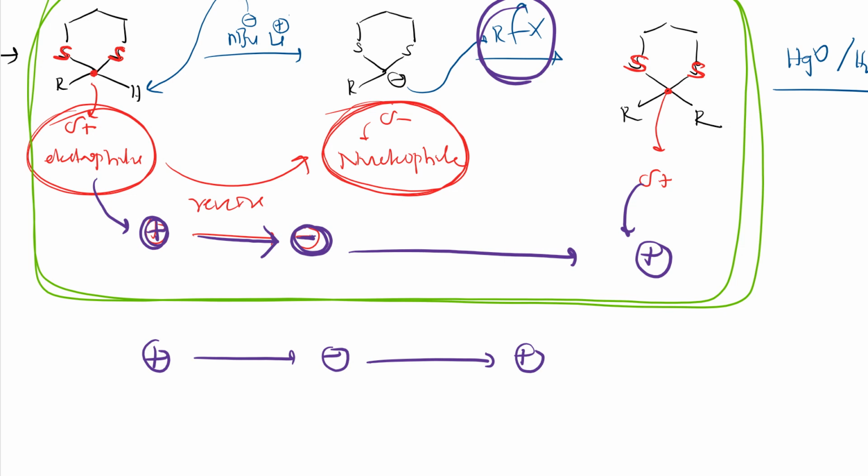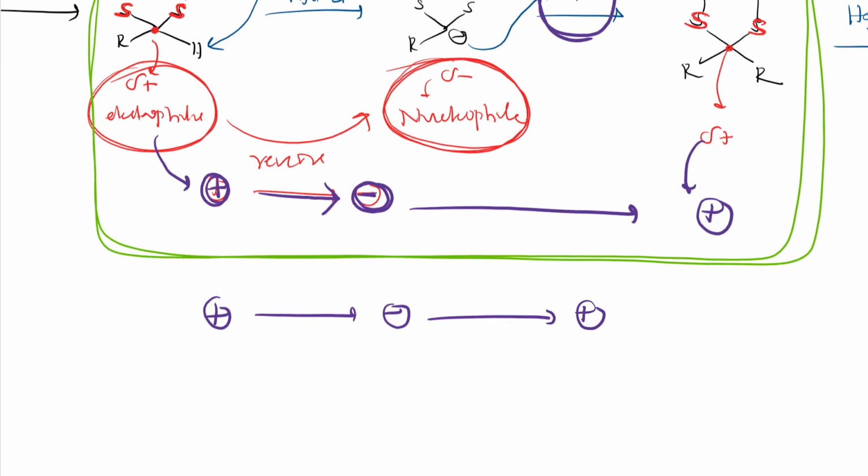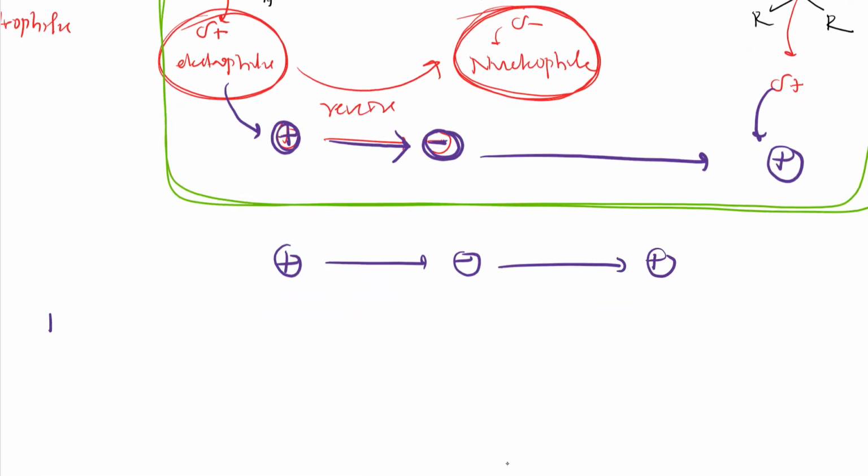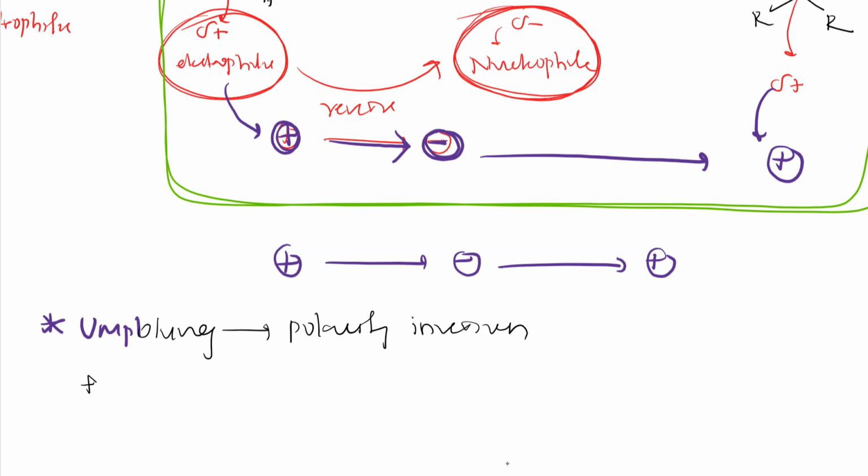Just mark a star here. This Umpolung means polarity inversion.